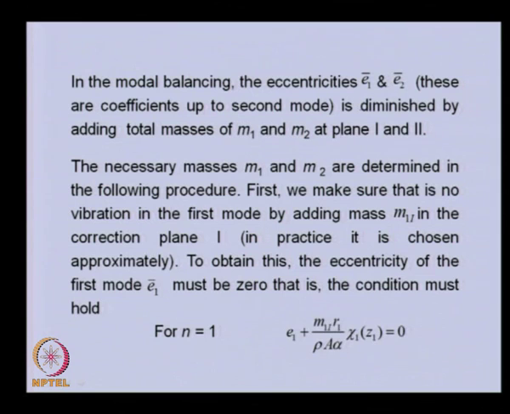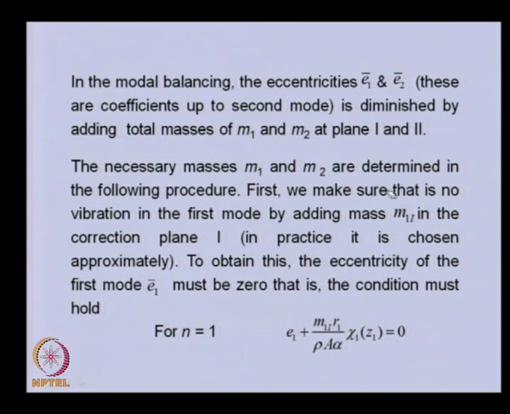So, they are diminished by adding total masses m1 and m2 at planes 1 and 2. Basically we are removing these two eccentricities by addition of the correction masses m1 and m2 in planes 1 and 2 respectively, and these total masses we will calculate first by balancing the first mode and then the second mode. So, the necessary masses m1 and m2 are determined in the following procedure.